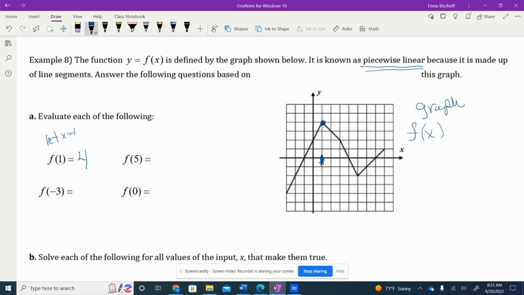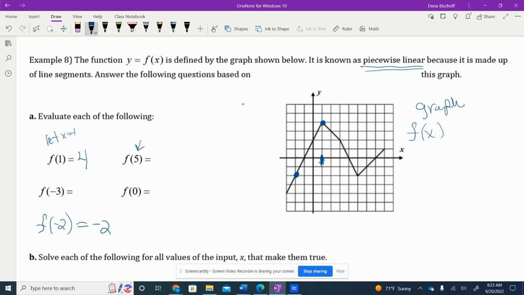Let's look at what happens when f is -2. So at f of -2, go to -2, which is back 1, 2, and go down to where the line crosses. When I let x equal -2, what's my y value, or f of -2? -2. Okay. Now what happens when x is 5?